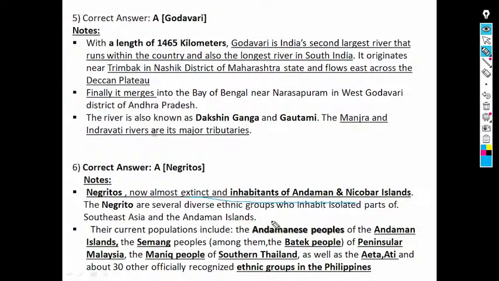The Negritos are diverse ethnic groups who inhabit the isolated parts of Southeast Asia and the Andaman Islands: the Semang people of Peninsular Malaysia, the Vanik people of southern Thailand, as well as the ETA and ATI ethnic groups of the Philippines.